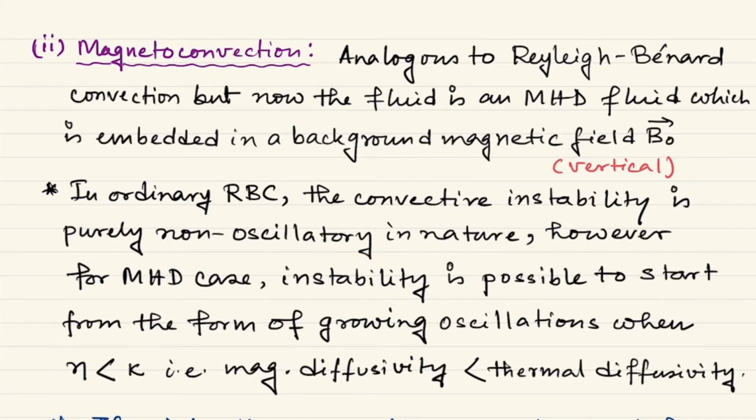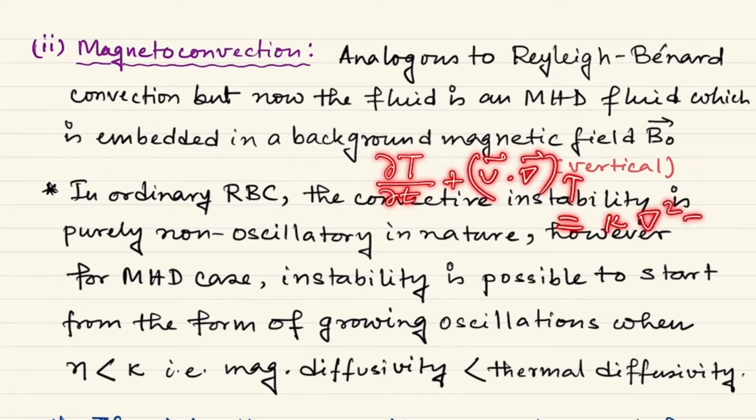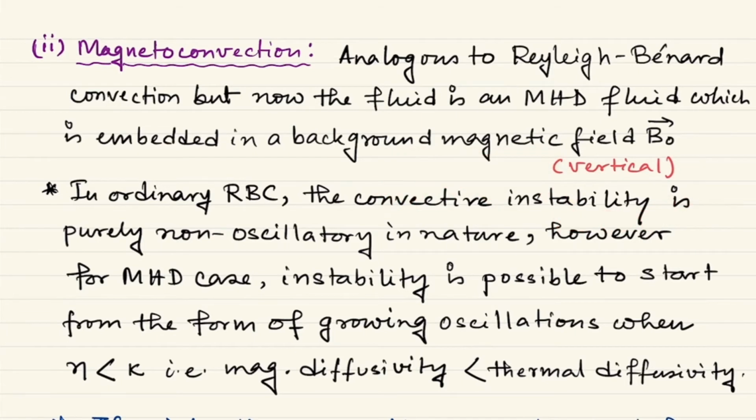But in the MHD case, if we are in such a situation that the magnetic diffusivity is less than the thermal diffusivity, that means, if you remember, thermal diffusivity comes into play when we are talking about the evolution equation of the temperature. This is equal to some kappa nabla square T, this type of thing.